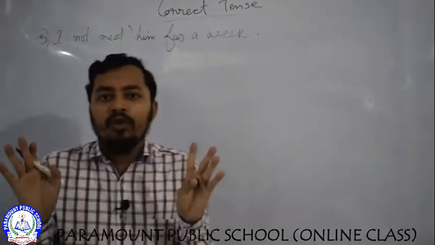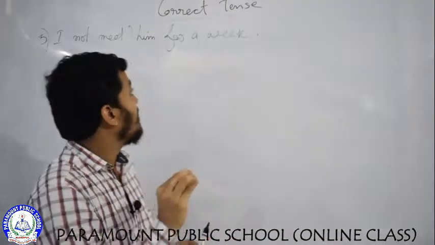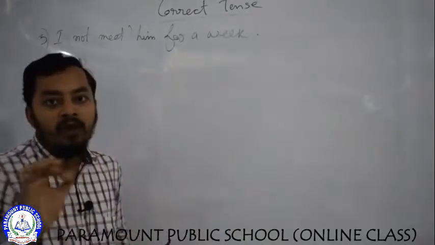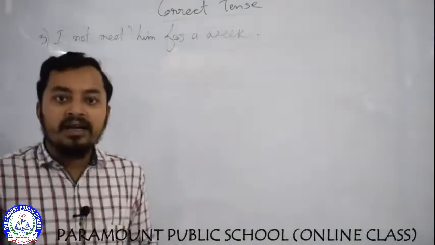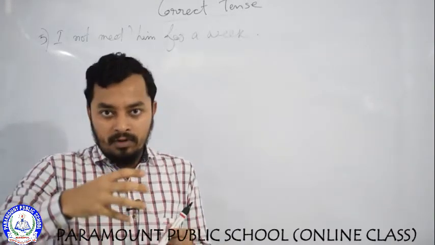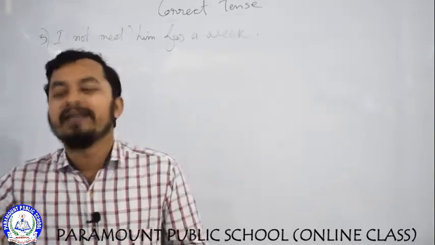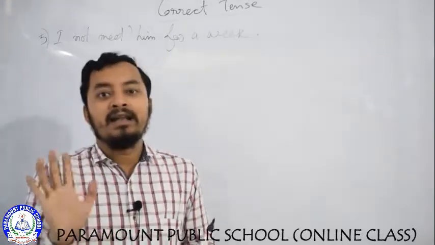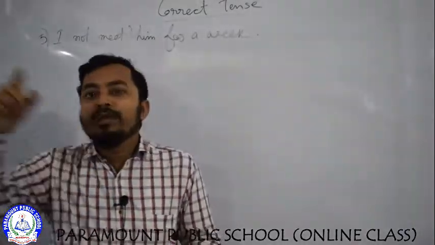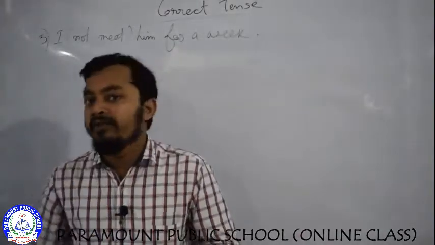How? You see, we all know there is a rule. If we see the word since or for in any sentence, and after that mention of time is there, so according to the rule, what should be the form of the verb? It should be present perfect continuous, but not exactly. There are some criteria.